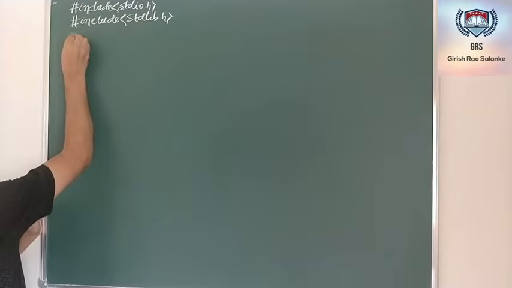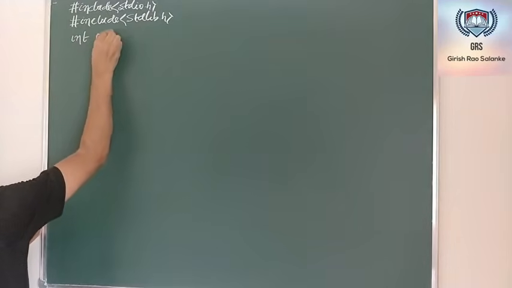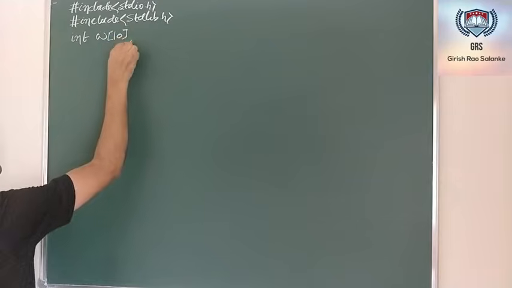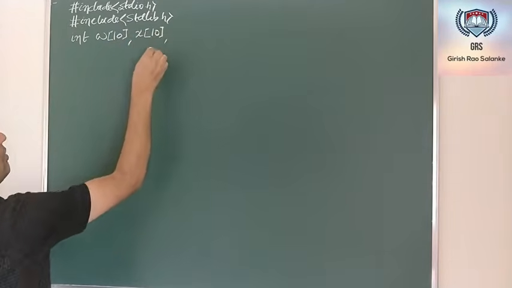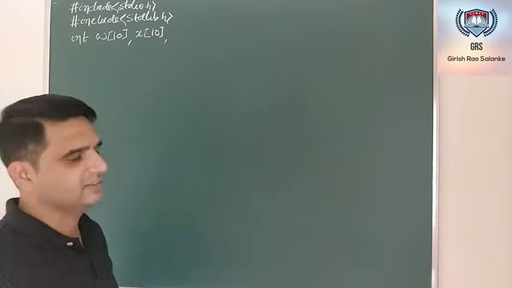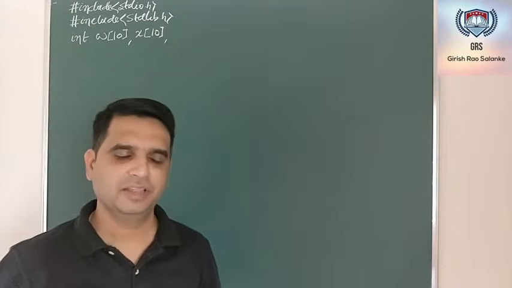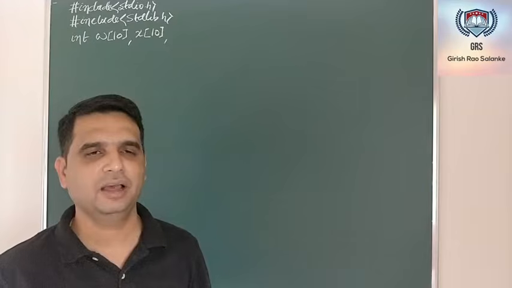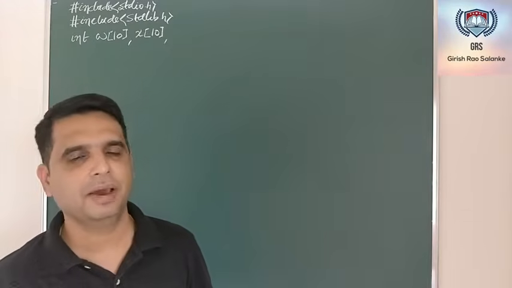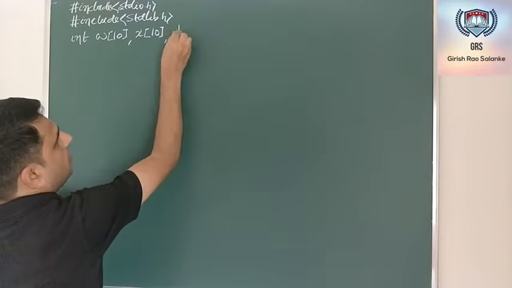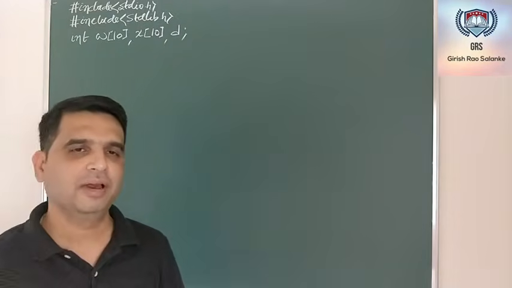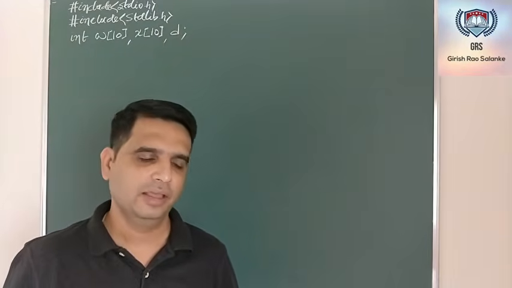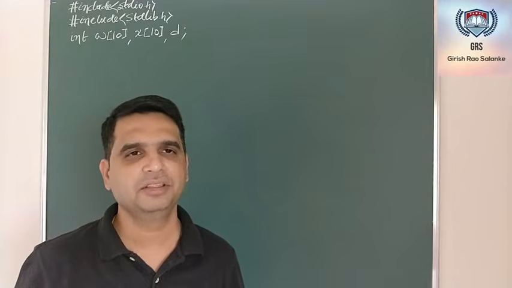The first one is w, which denotes my set S. Then the Boolean array x, which tells whether the element is part of the subset or not, and d, this is the max value that I am going to get when I add the elements in the subset.